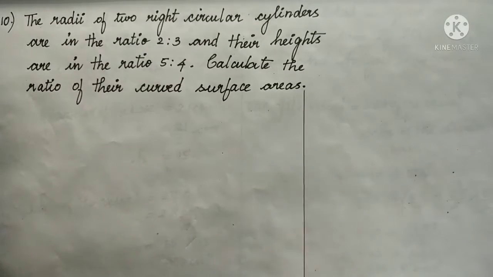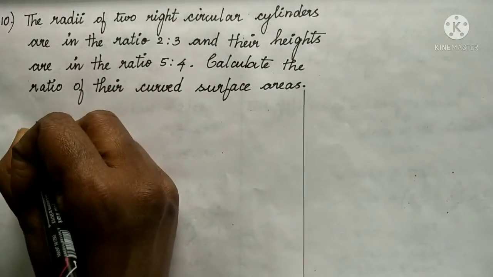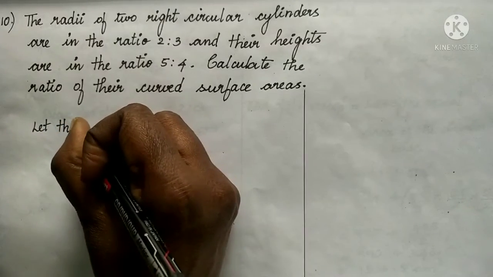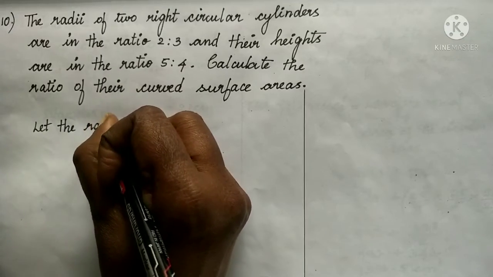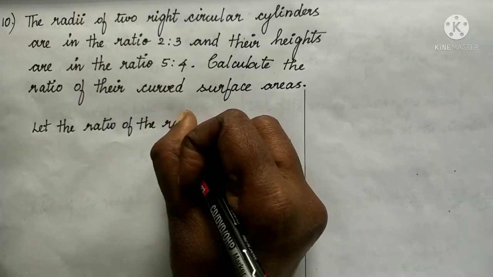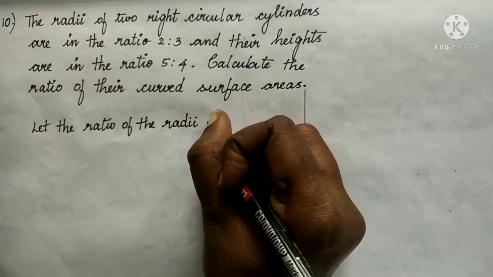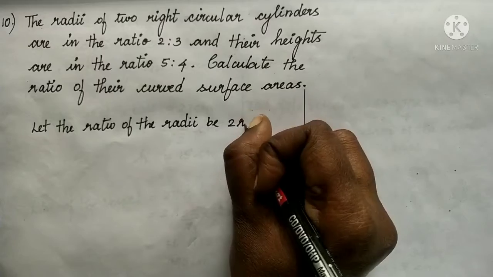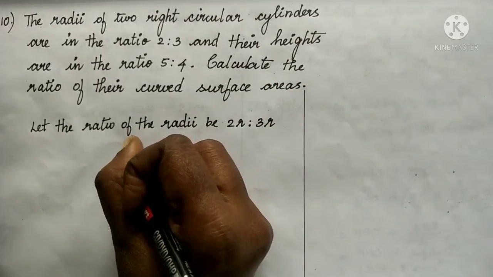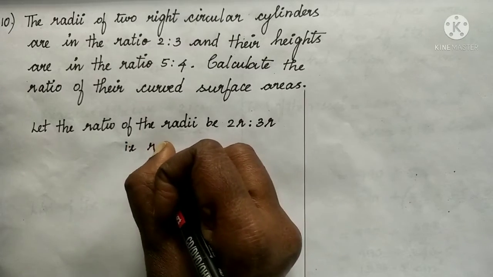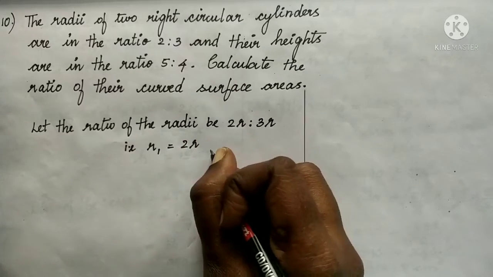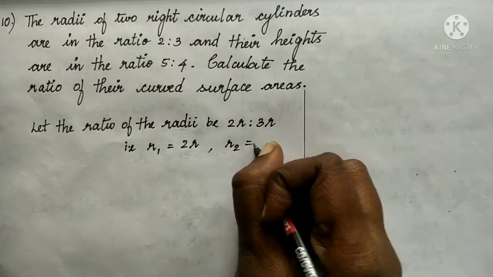Let the ratio of the radii be 2r is to 3r. That is, our r1 will be 2r and our r2 will be 3r.